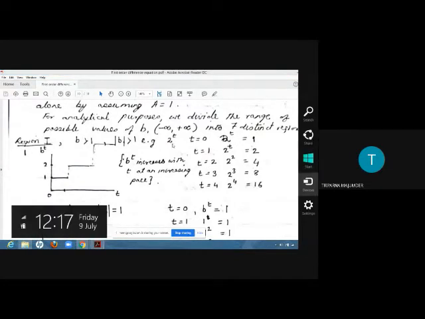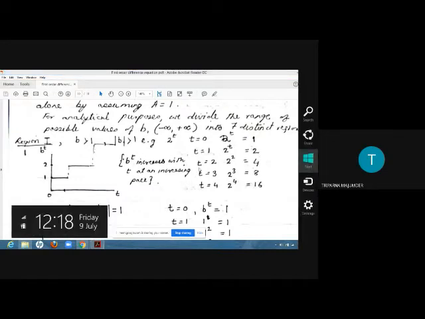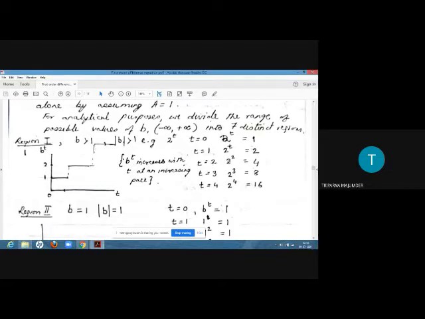So, b to the power t will increase with t at an increasing pace. When t is equal to 0, 2 to the power t is equal to 1. When t is equal to 1, 2 to the power t is equal to 2. When t is equal to 2, 2 squared is equal to 4.